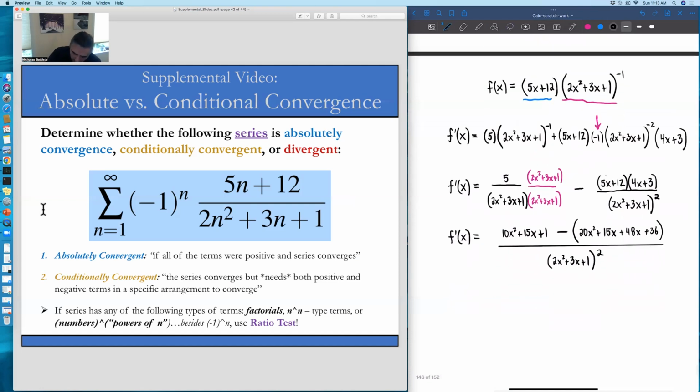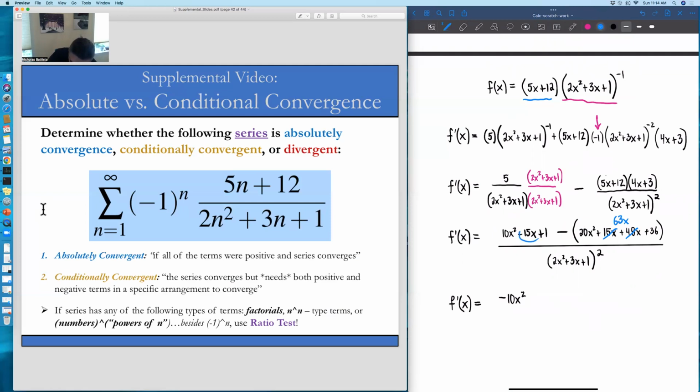All right, let's see if we can combine anything. Well, the 15x and the 48x we can combine over here. And this gives us a 63x total. So now let's actually look at this numerator. All right, so we have a 10x squared. We're subtracting a 20x squared after we distribute that minus sign in. So we get minus 10x squared.